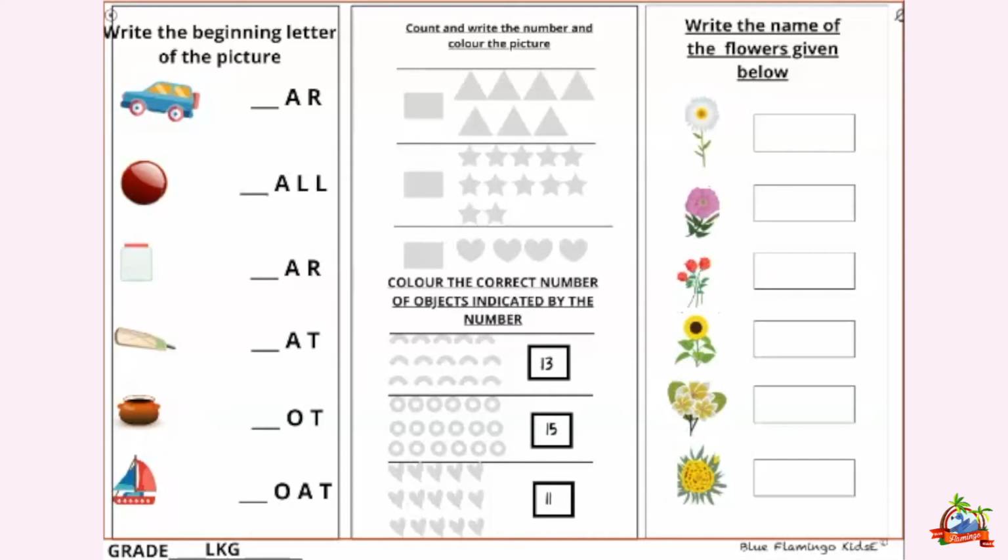Q for quilt. R for rose. S for sun. T for tiger. U for umbrella.